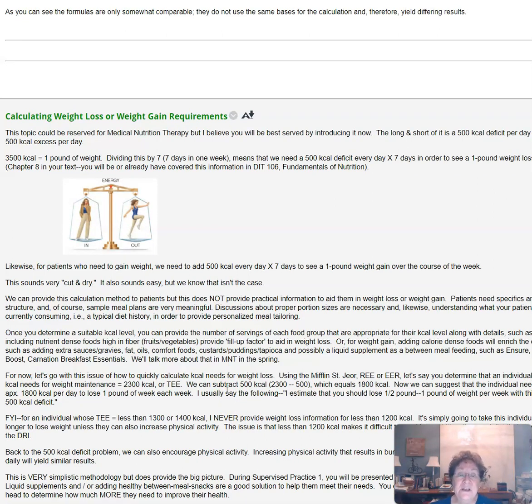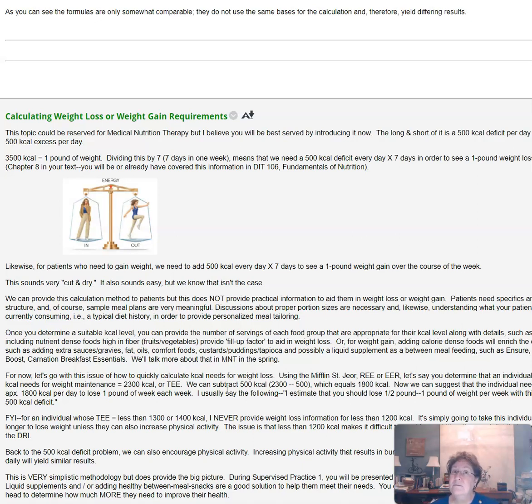This is a very quick, kind of cut and dry formula. It's easy to remember. And so just to fall back to information that you may have already learned in DIT 106, and that you've also read about in Chapter 8.